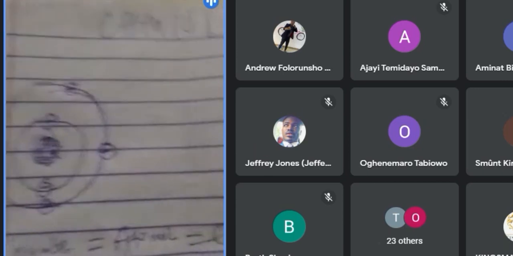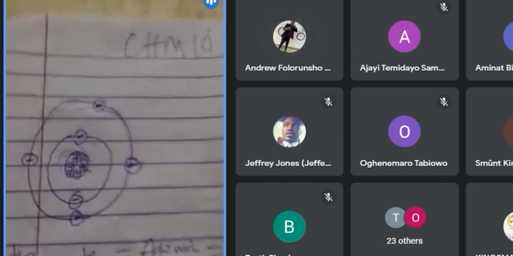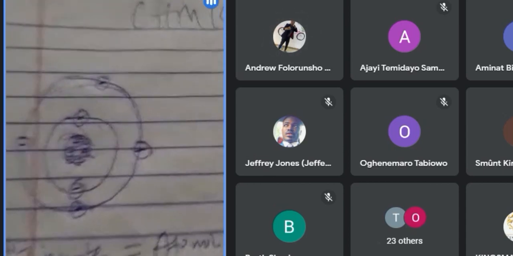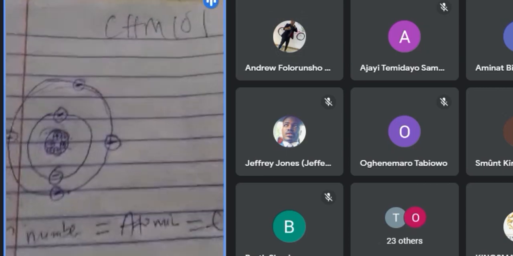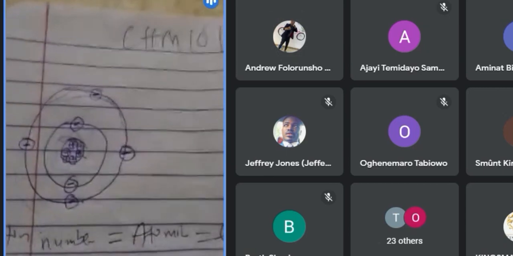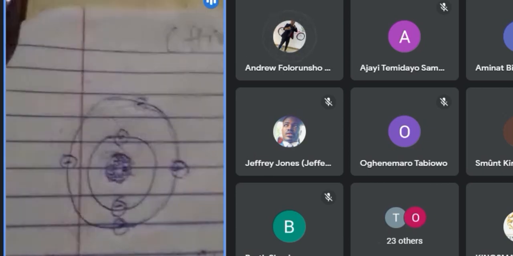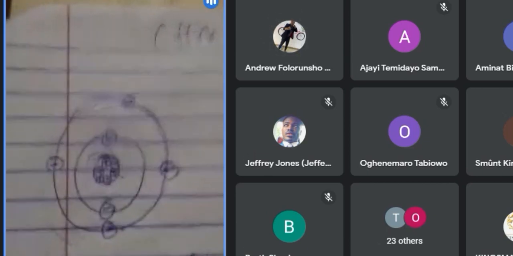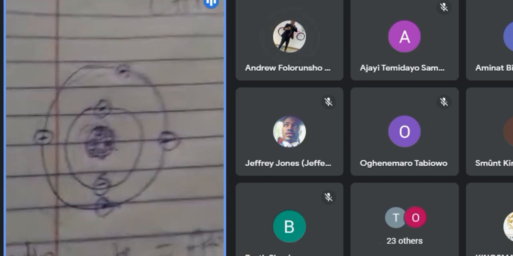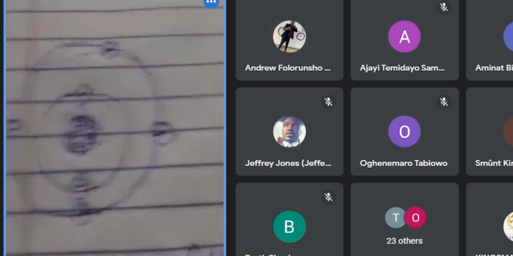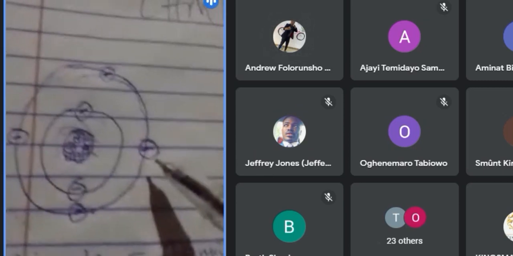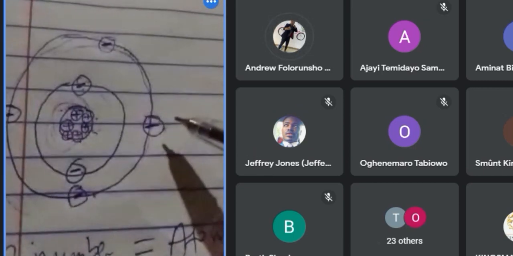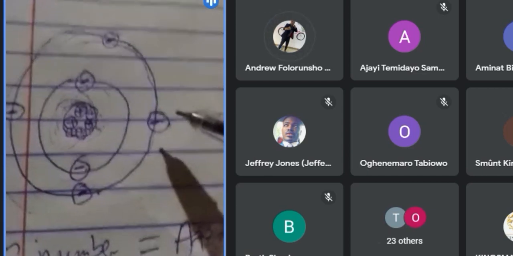They are attracting themselves because of the law of static electricity. Or else there will not be this thing we call atom, because the electron will fall out. If it is negative and negative, then the atom will not be electrically neutral. The atom will be negatively charged. But here it is electrically neutral because the number of protons equals the number of electrons. That is the logic.